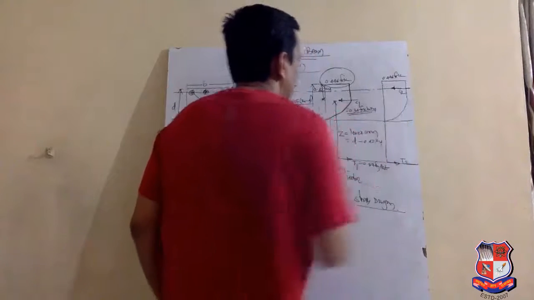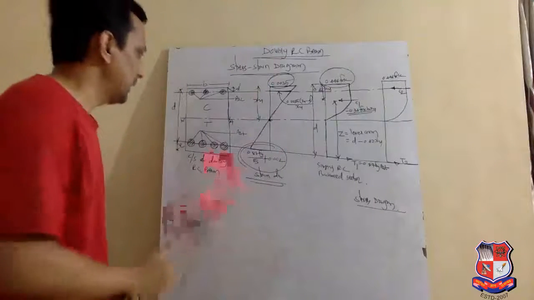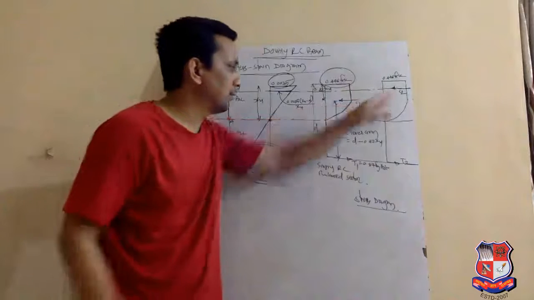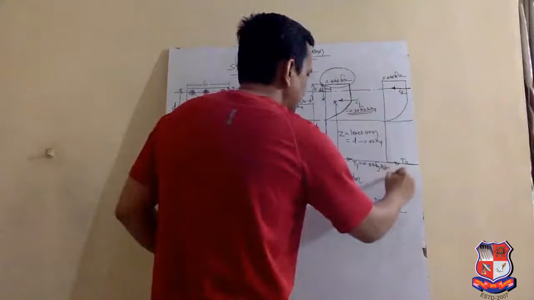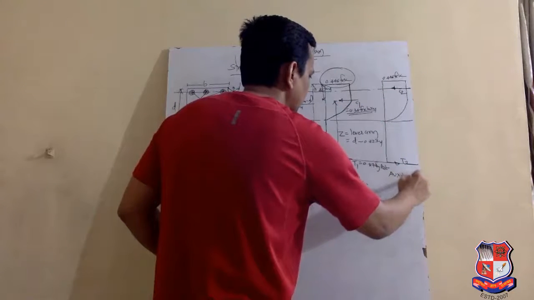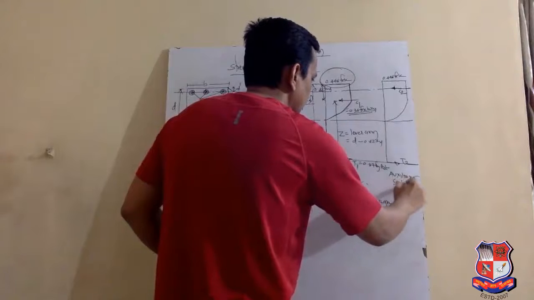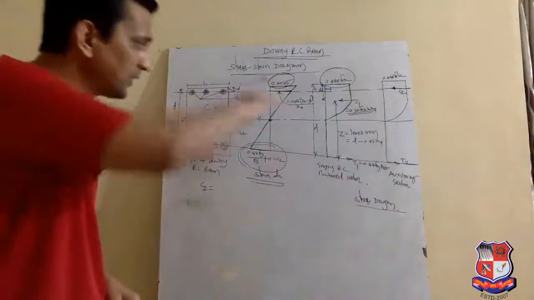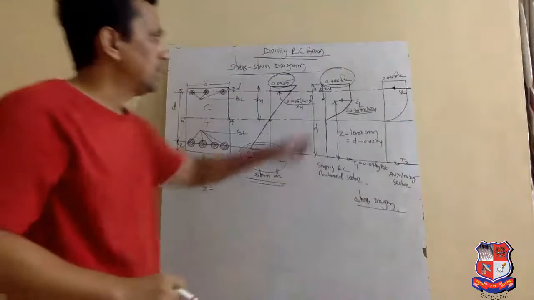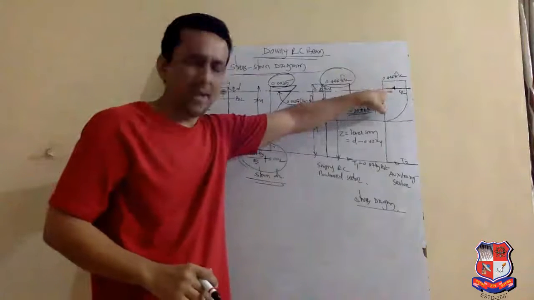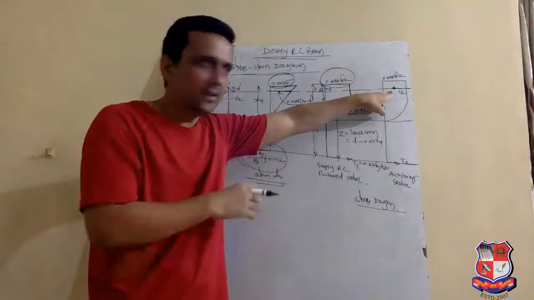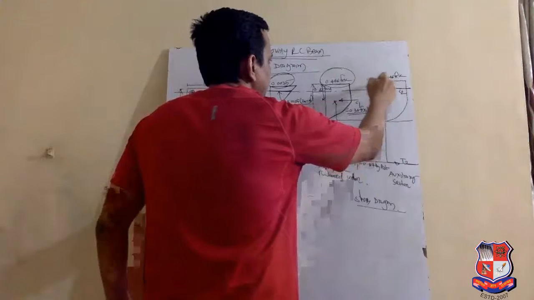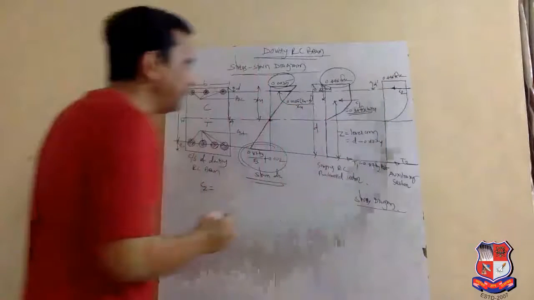Here C2 is the total compression force in the auxiliary section. And in the auxiliary section, compression reinforcement is placed at d dash distance from the top of the beam.